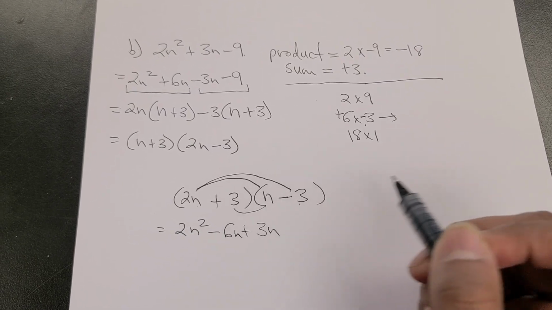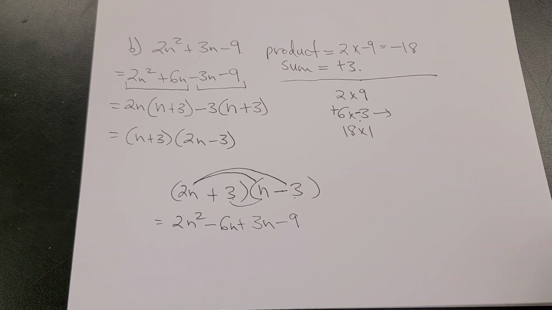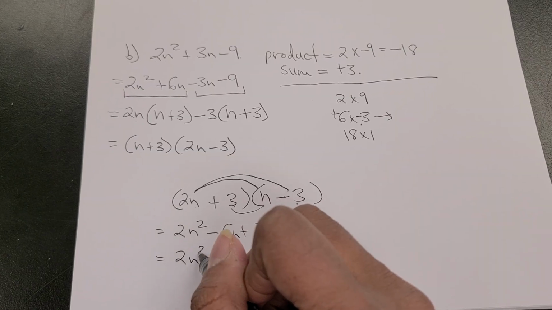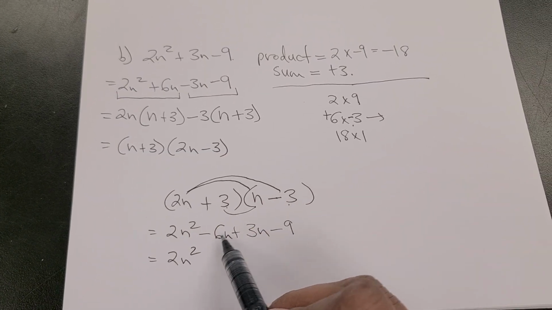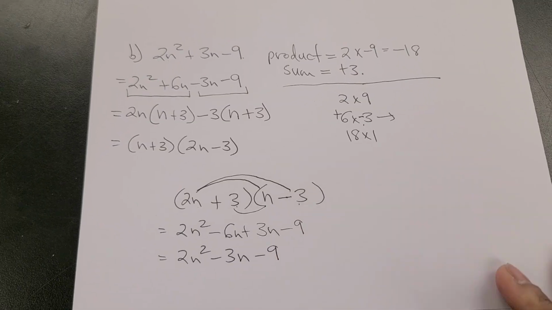Oh, sorry, forgot the n. 3 times negative 3 is negative 9. Then you put these like terms together to have 2n squared, negative 6 plus 3, negative 3n, minus 9.